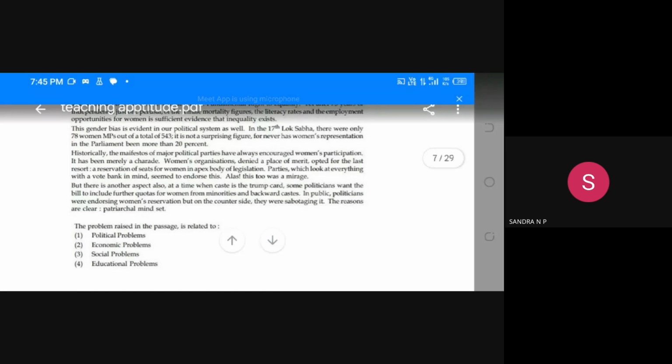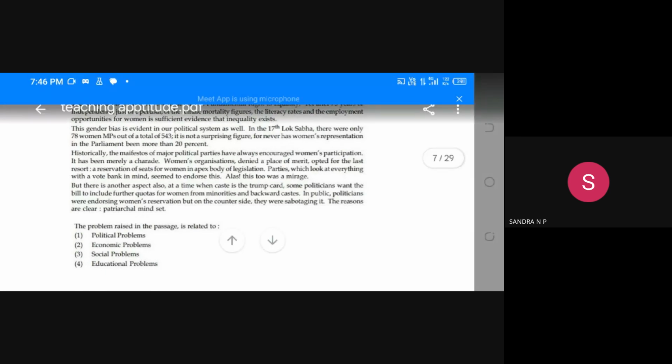So the answer is it is related to social problems because the question is not about the seats of women in politics. Basically, they are saying that women are not getting more opportunity than men, so it is inequality. In society, women are not getting more opportunity than men.